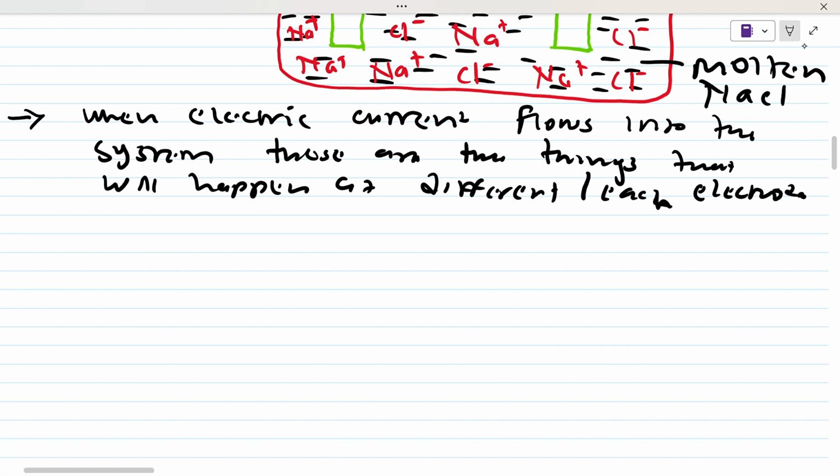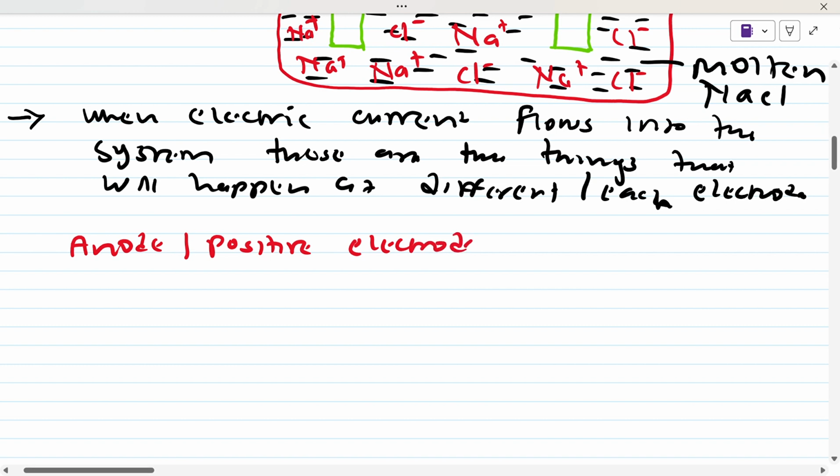So you really need to know, because we've started the analysis already, what is happening at each and every electrode. So the first thing, at the anode, or positive electrode, as a student, you really need to know what will happen there.